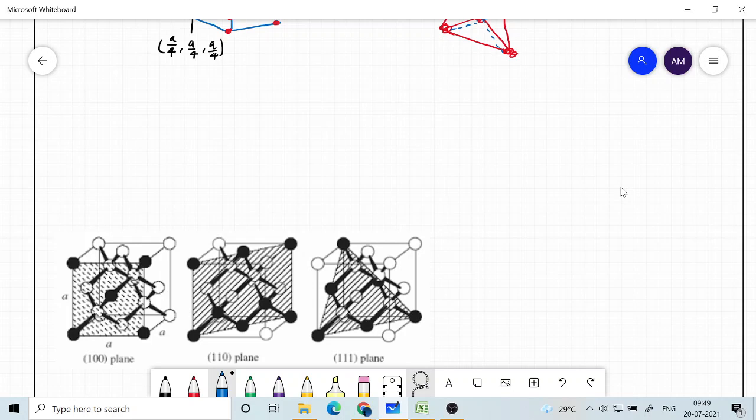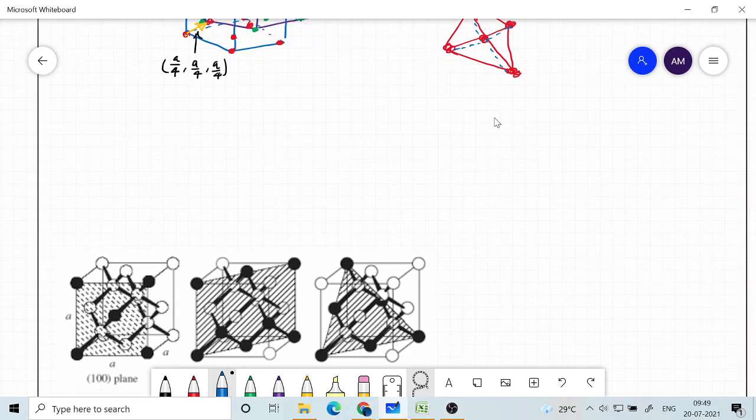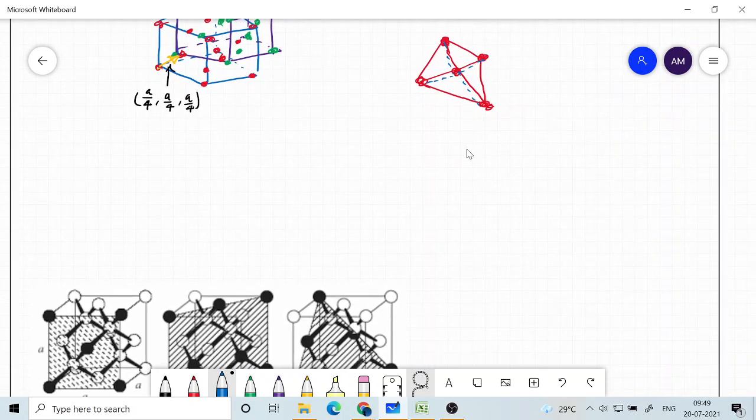So the plane of that wafer can be one of the many planes in the silicon crystal, and if the orientation of the crystal plane in the wafer is different, then the properties will be different. So therefore certain planes are preferred over the others.